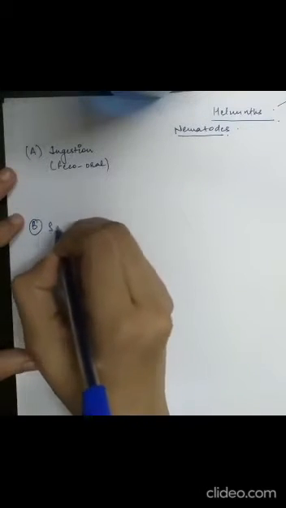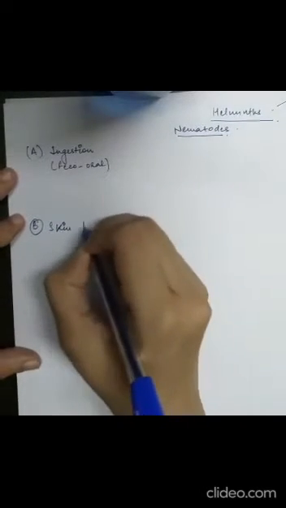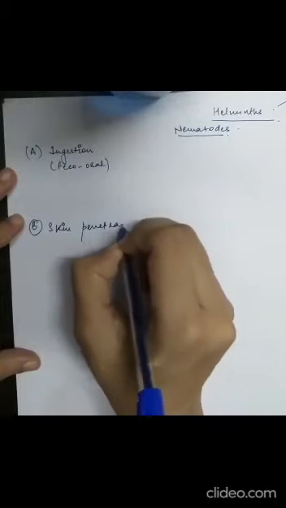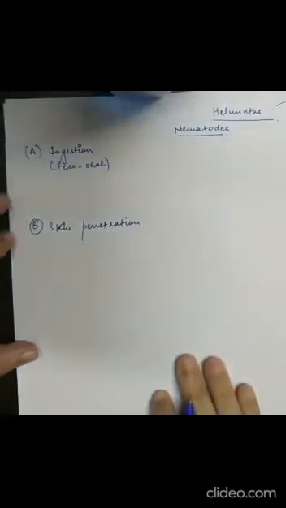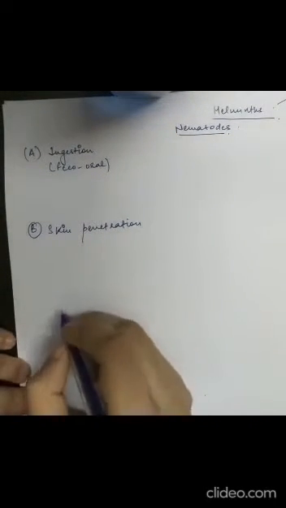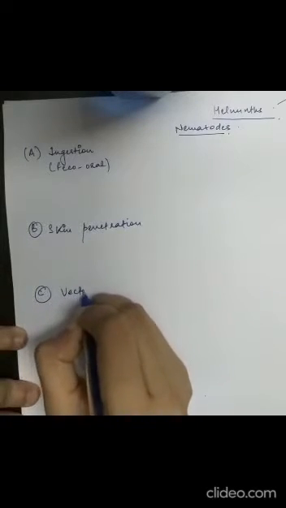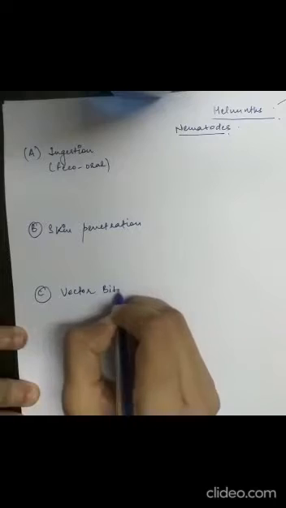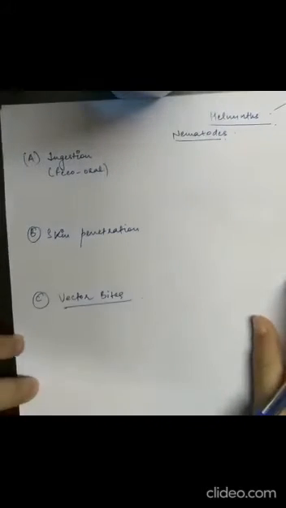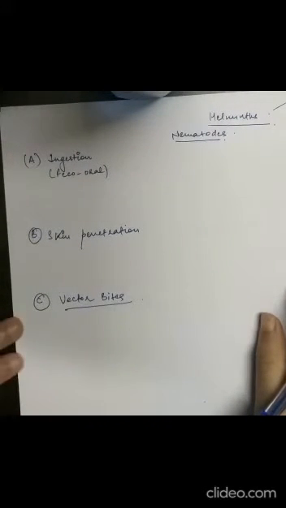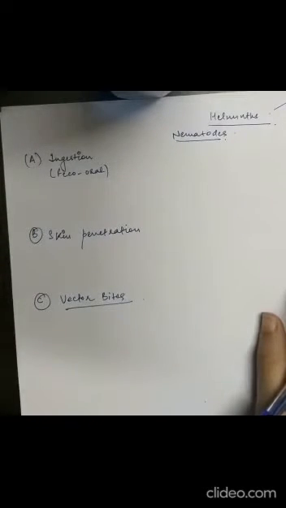B is skin penetration. And C is through vector bites. So just grossly memorize that these are the three modes of infection with nematodes: ingestion, skin penetration, and vector bites.